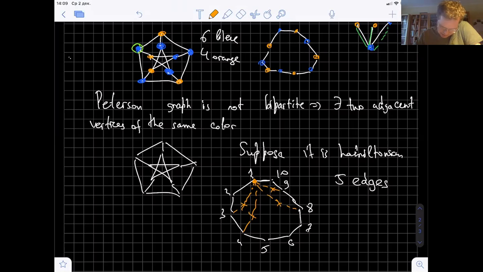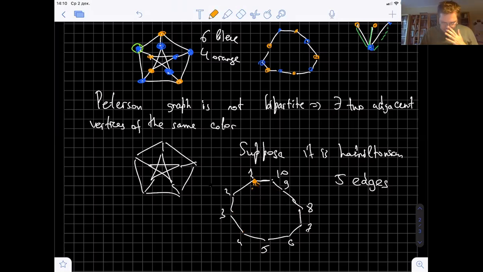So it must be connected with the vertices like 7, 6, or 5. So we need to look at, so I just draw this out.